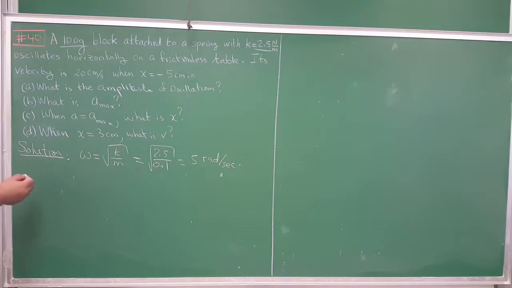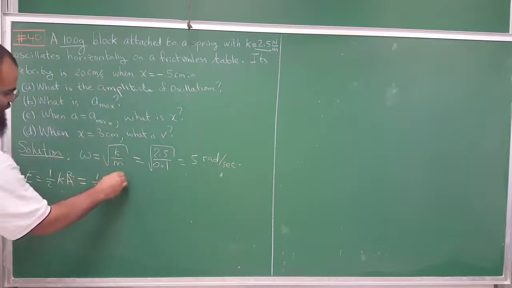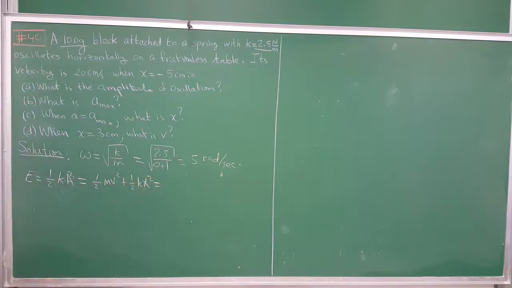By conservation of energy, the total mechanical energy is 1/2 K a squared, and that's the total energy at all times. At this particular time, we can set it as 1/2 mv squared plus 1/2 kx squared. Multiply everything by 2, and then divide by k. So you get the energy would equal, multiply by 2, so the 1/2 simply goes away.